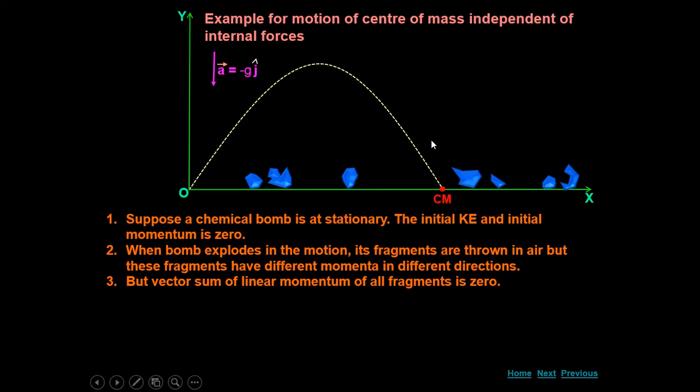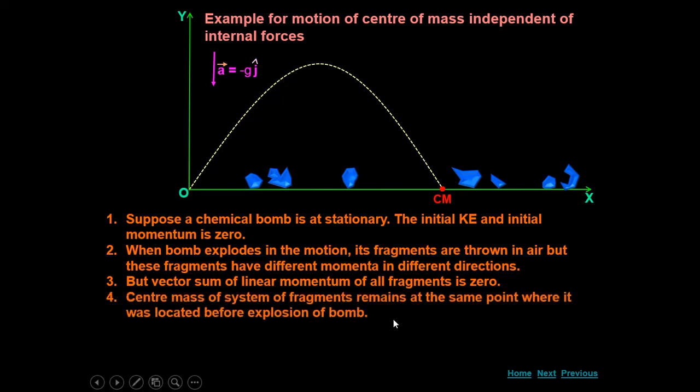So this is nothing but conservation of linear momentum. Linear momentum is conserved, which means the momentum before the explosion is the same as after the explosion. And what happens to the center of mass of these fragments? According to the theory, even after the explosion, the center of mass continues to move in the same direction.